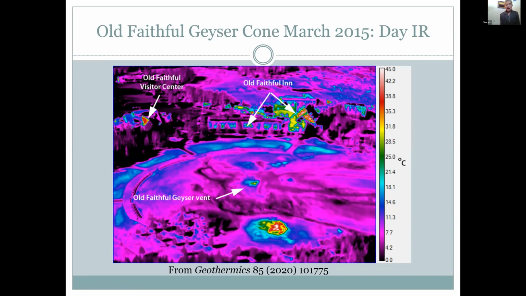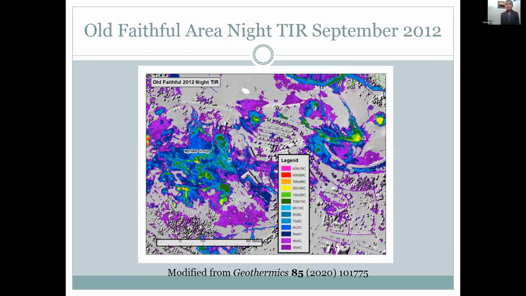But you'll also notice that the Old Faithful Visitor Center and the Old Faithful Inn have some solar heating on them. That's what happens when you take thermal infrared imagery during the daytime. But still, the Old Faithful Geyser vent and that other area near it have heat coming from the ground. Next slide.